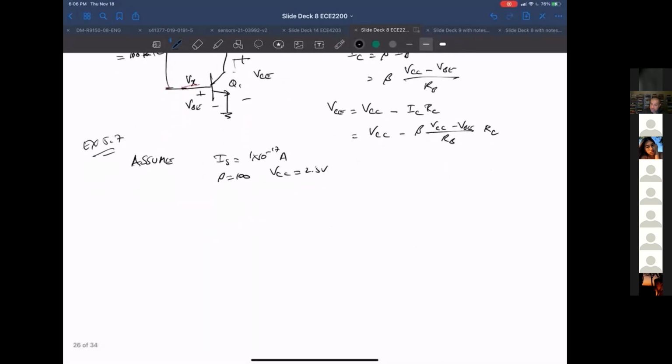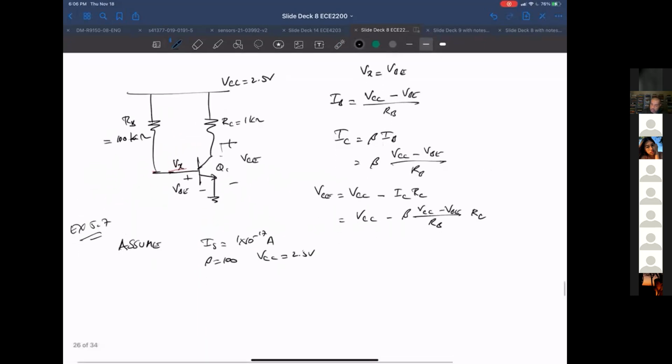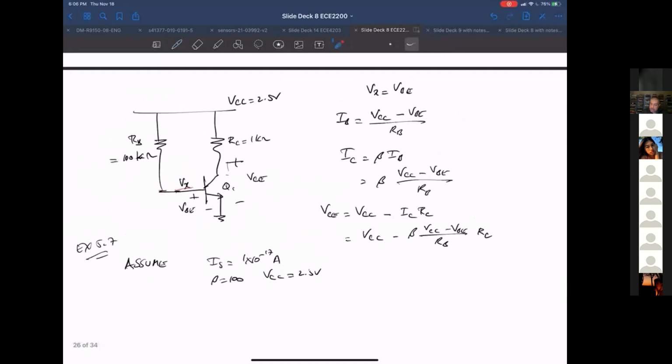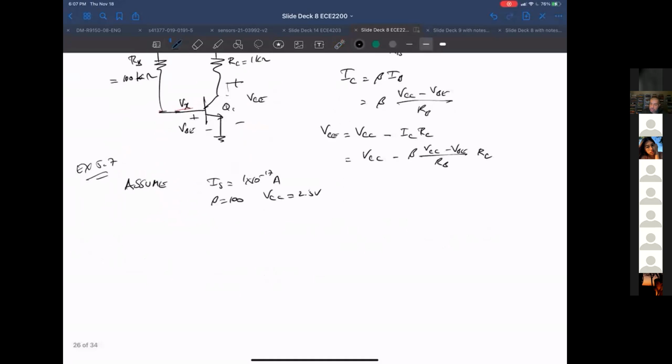Because we're in this situation where we're assuming something for V sub X to get a collector current, and that collector current gives us a base current that gives us V sub X, we have to calculate this in an iterative way, right? Because we are assuming a certain starting point with V sub X, but we aren't sure what it is. Everything is affecting everything else. So as usual, we start with our first guess.